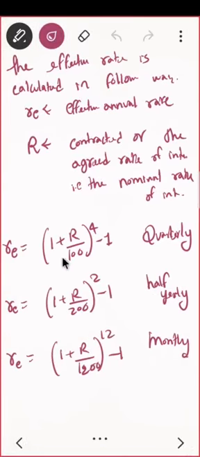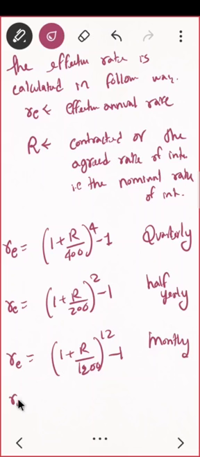Yeah, this should be 400, sorry. Quarterly. Half yearly it will be 2. For yearly it will be R upon 100. Correct?